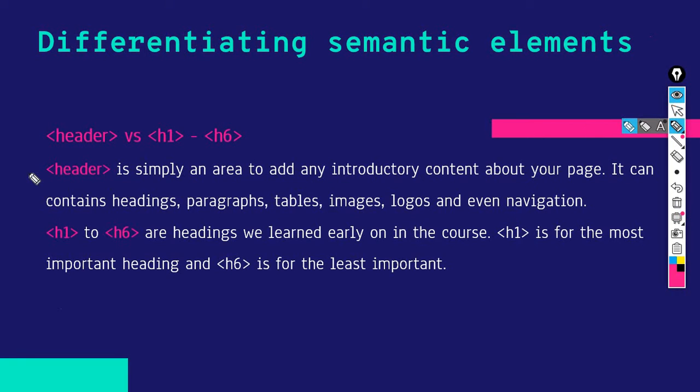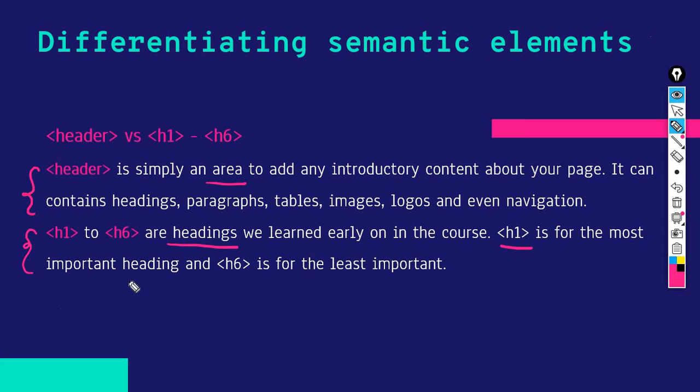The header is simply an area to hold any introductory content about your page. It can contain headings, paragraphs, tables, images, logos, and even navigation. H1 to H6 are headings we learned about earlier in our discussion.